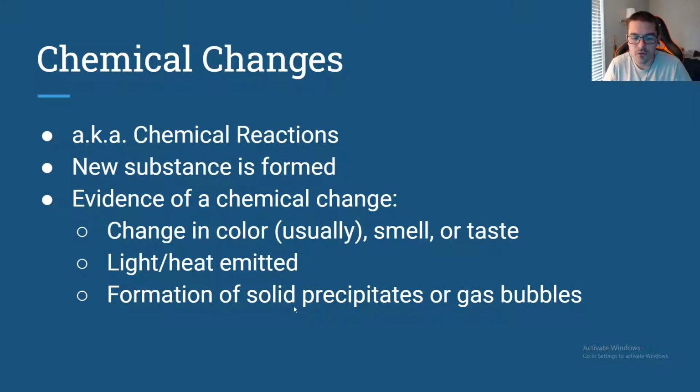If you mix together two liquids and something solid forms, okay, that is a good indication of a chemical reaction. Or if you mix together two liquids and you start seeing gas bubbles, okay, think of baking soda and vinegar, right? You mix those together and it kind of starts bubbling up. That is a good indication that a chemical change has taken place, okay?